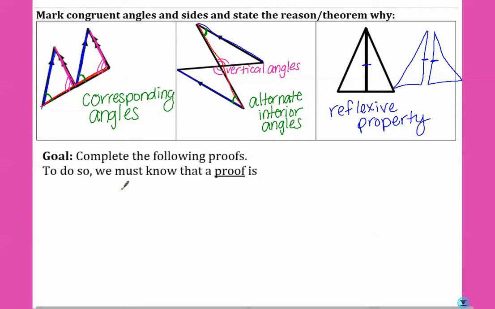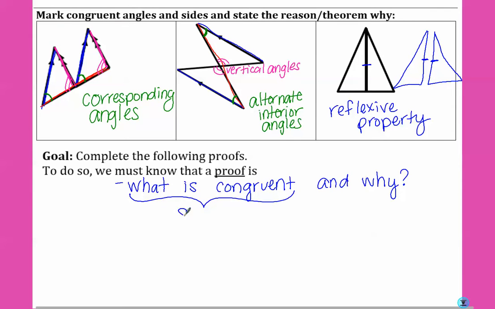For us, in this unit, a proof is what is congruent and why. As far as the setup for our proofs go, the what is congruent part are our statements, and our whys, or how we know that they're congruent, are the reasons.